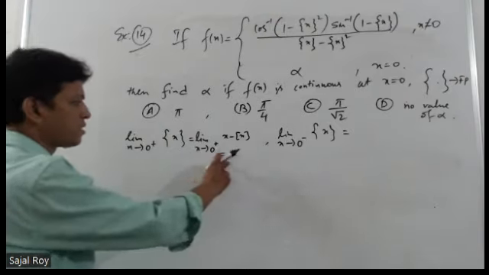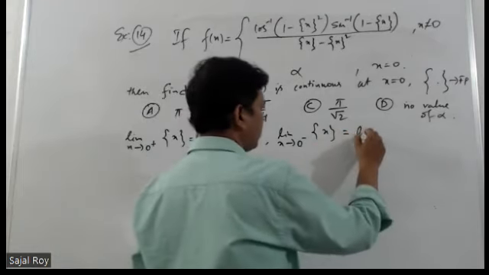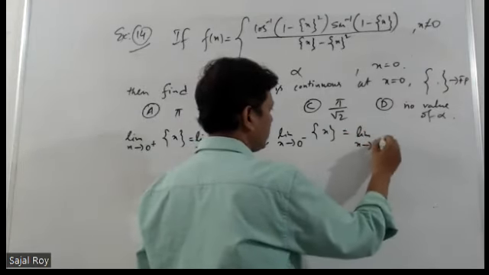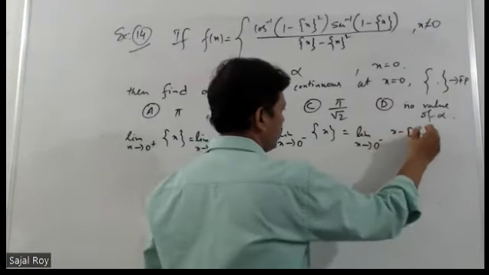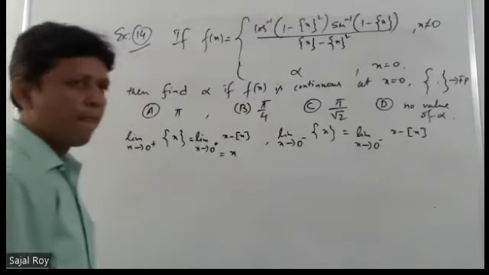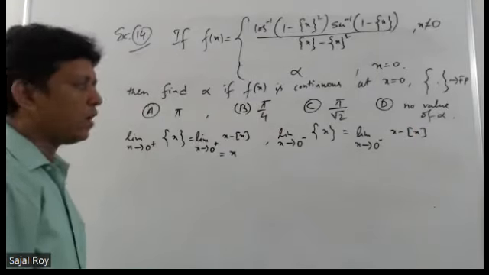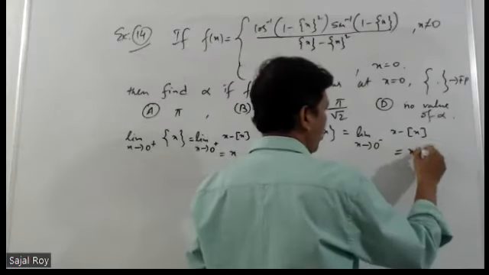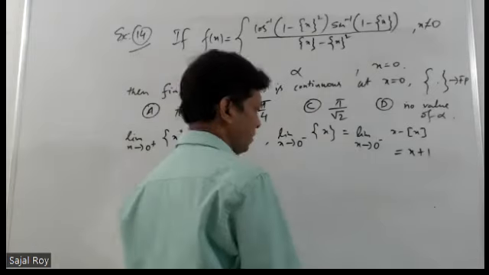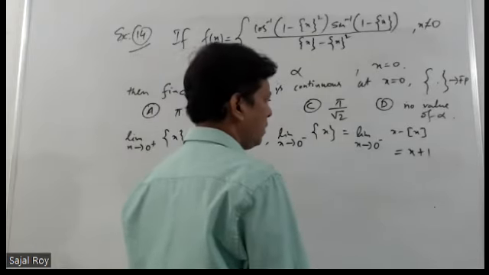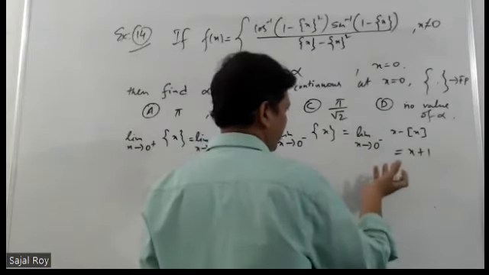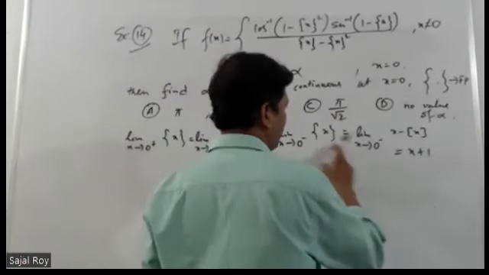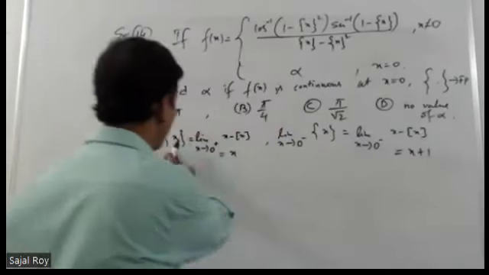And for 0 minus, which is less than 0, box will be minus 1, so it's going to be x plus 1.